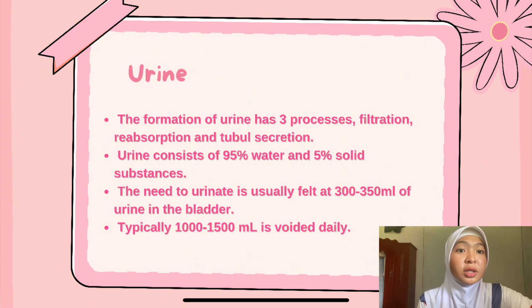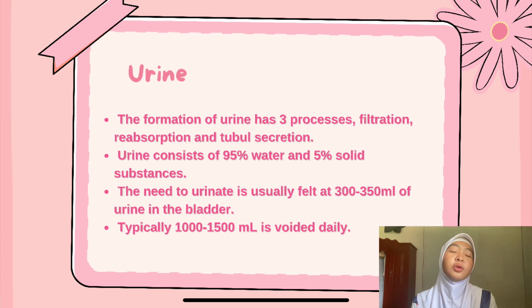Ureter, yun yung tube papunta sa bladder. Then, ang bladder naman, dun naiipon yung ihi natin. Then, urethra naman, yun yung daanan ng ihi natin. Merong tinatawag na sphincter, siya yung nagko-close and open doon sa passageway ng urine natin.